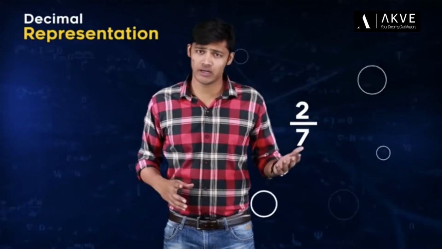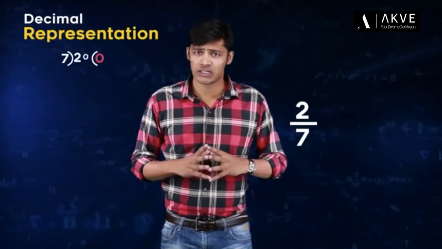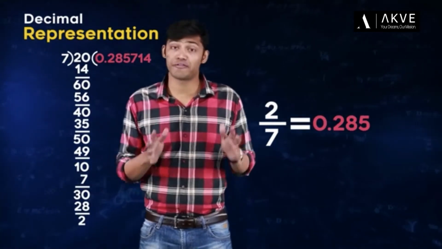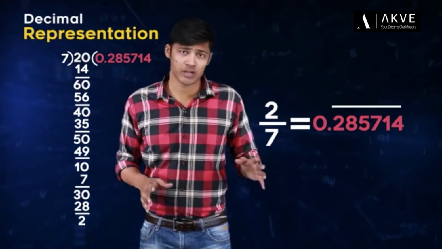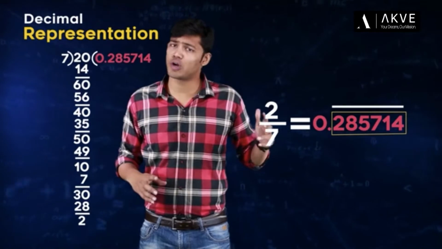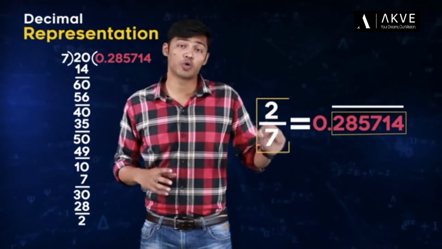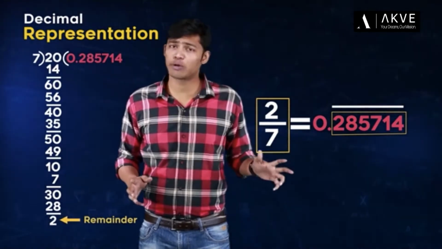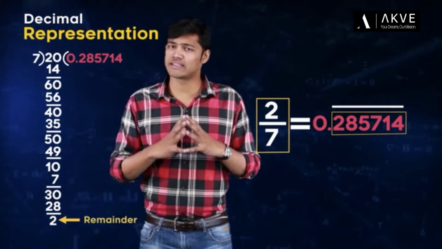For 2 by 7, if we compute the division, the decimal representation will be 0.285714 bar. That is, this sequence keeps on repeating. Even for 2 by 7, the remainder never becomes 0 and the following sequence keeps on repeating itself.